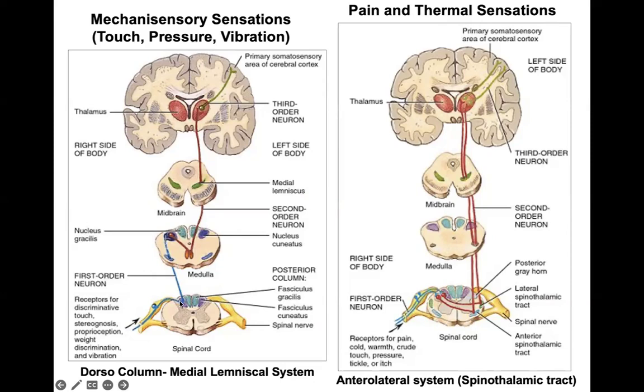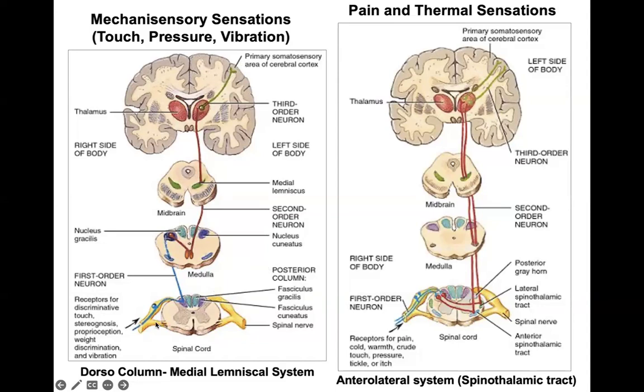If you look at these pictures right here, you will see this is a sensory neuron. The cell body of the sensory neuron is located here, and at the tips, it becomes a special structure and becomes the receptors that we talked about, on the skin. After the receptor is activated, we have two major tracks that will bring the sensory information up to the brain.